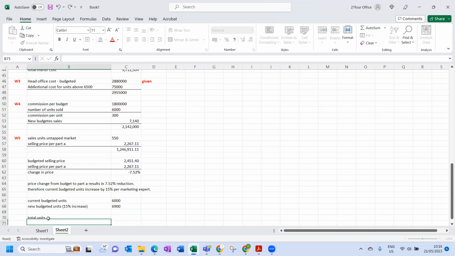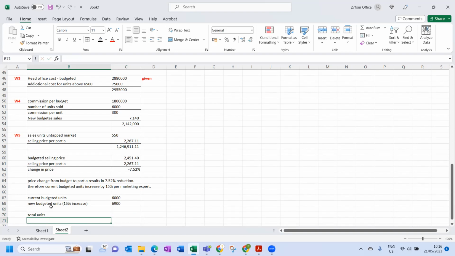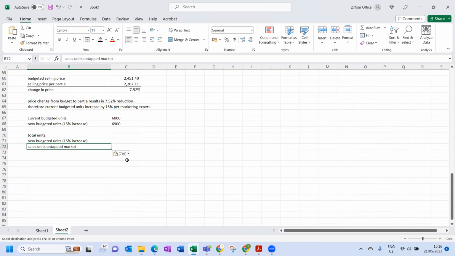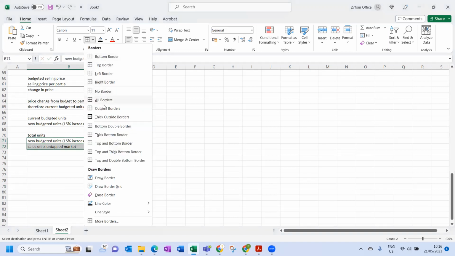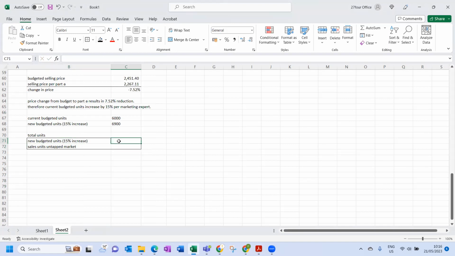So therefore, the total units would be this over here plus that over there. So it would be 6,900 and the 550.